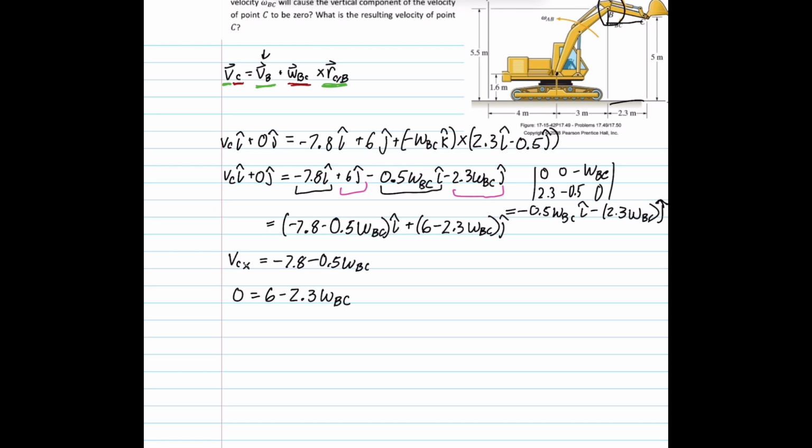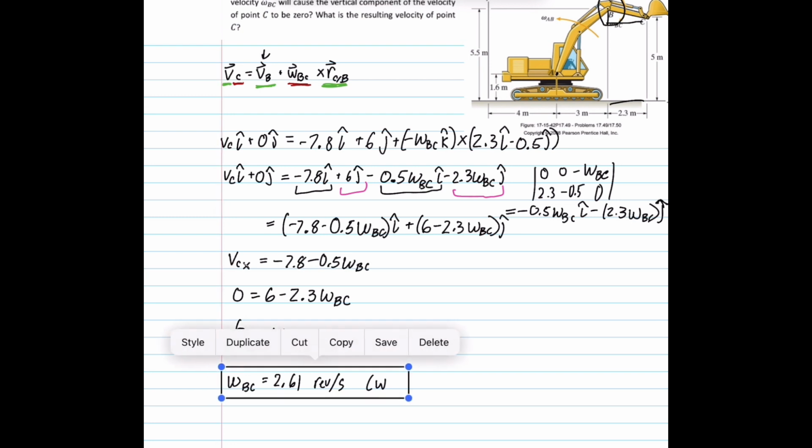So our unknowns are going to be the velocity of C in the x direction and the angular velocity of BC. Solving for the angular velocity of BC using that second equation, it will equal 2.61 radians per second, and it is clockwise.